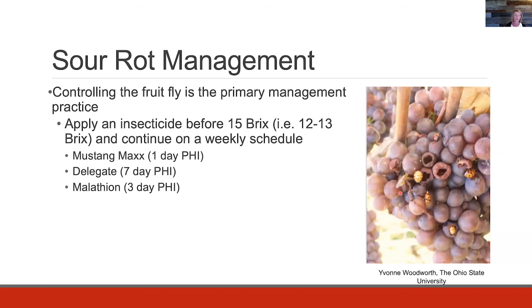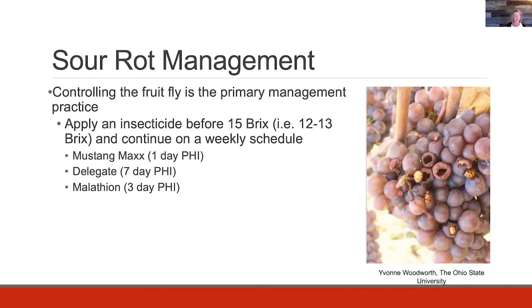So this is one abiotic disorder that you can actually be pretty successful with managing. The first thing you want to do is to control the fruit flies. This is your primary management practice. They've noticed that in almost all cases, sour rot doesn't occur until the grapes are 15 brix or higher. So you want to go in just before they reach 15 brix and start to put preventative insecticide sprays on.